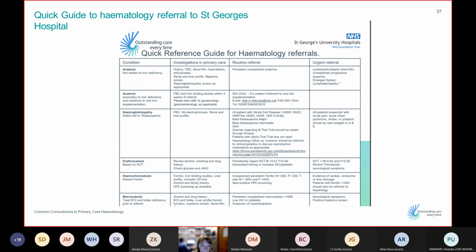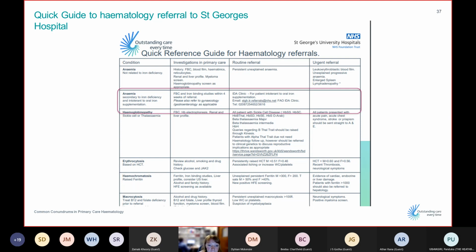And I've been asked by the transfusion team just to highlight this one to you here, and it's our new iron deficiency clinic. So any anemias that are secondary to iron deficiency and patients that are intolerant to oral iron supplementation can be referred to our iron deficiency clinic for consideration of IV iron. Now, all patients should have a full blood count and iron binding studies within 4 weeks of referral.